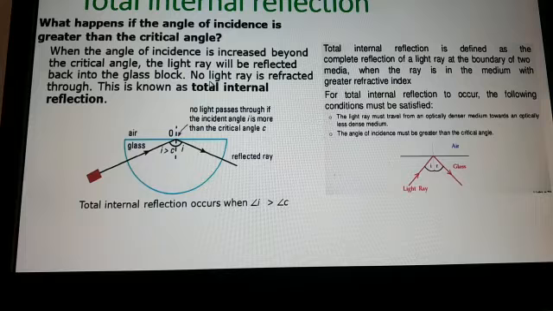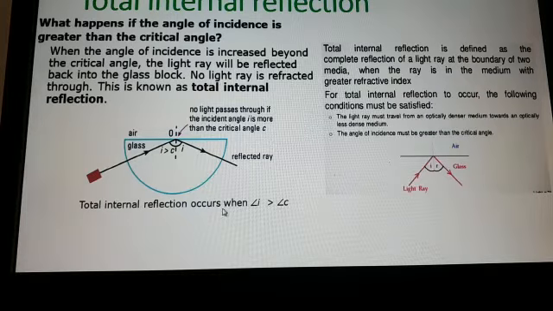No light ray is refracted. The ray hits the surface and is not refracted; it is completely reflected in the same medium. This is known as total internal reflection. No light passes through if the incident angle i is more than the critical angle.